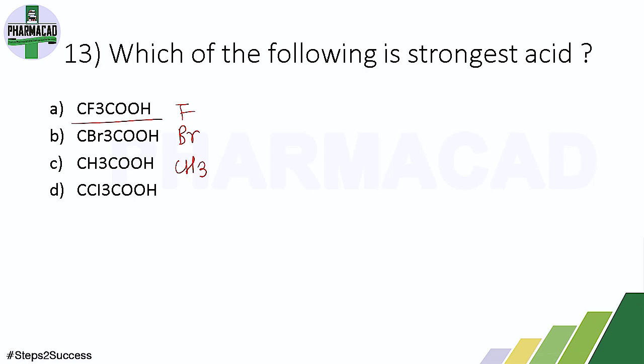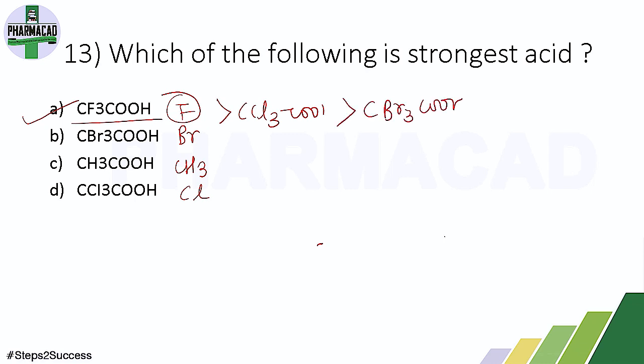So on the basis of electronegativity, out of these four, fluorine is the most electronegative atom, and on the basis of this we can conclude that CF3COOH is the most acidic one, the strongest acid. The second will be chlorine. The third will be bromine. And at the end, CH3COOH. Okay.